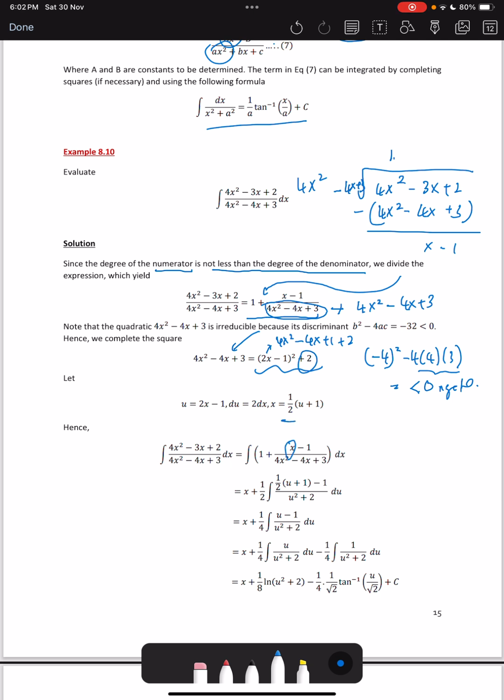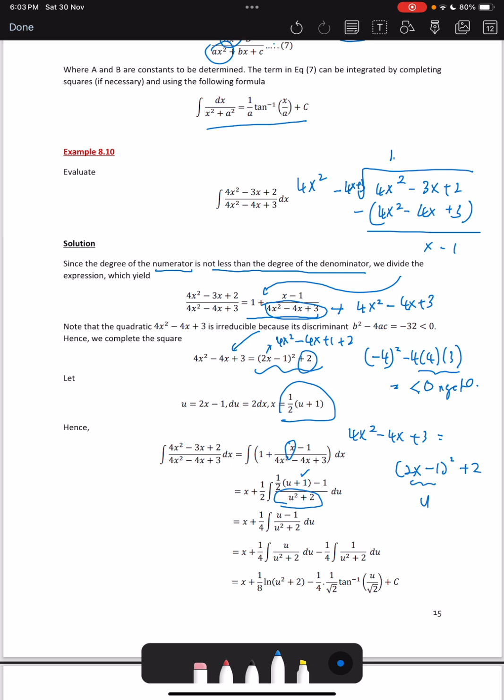Now x is this one, you replace it here, and then minus 1, and then 4x squared here, minus 4x plus 3, will be equivalent to 2x minus 1 to the power of 2 plus 2.